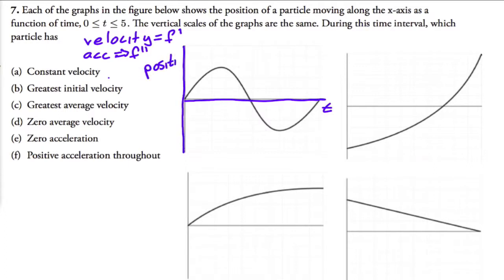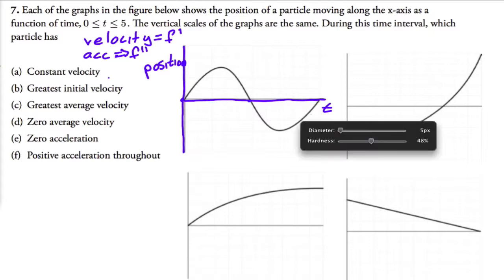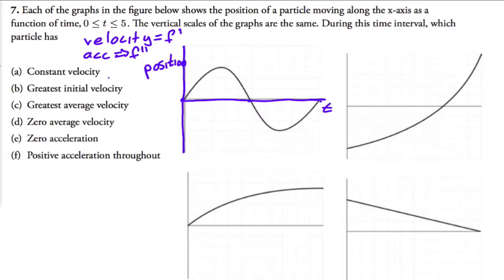So for example, in this first example, this first particle, here is its starting point. It goes further away from its starting point, and then here it's back at the starting point again, and then here it's back again at its starting point. So it's kind of like you go forward and then you go backwards, and then you continue to go backwards, and then you go forwards again, and you end up at exactly the same spot.